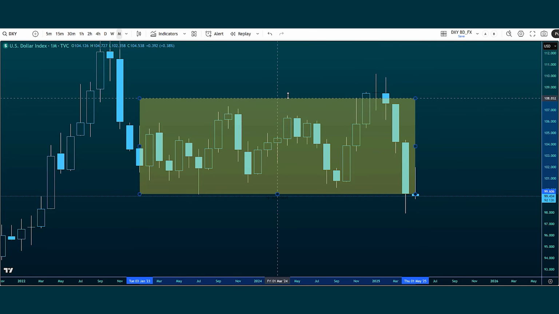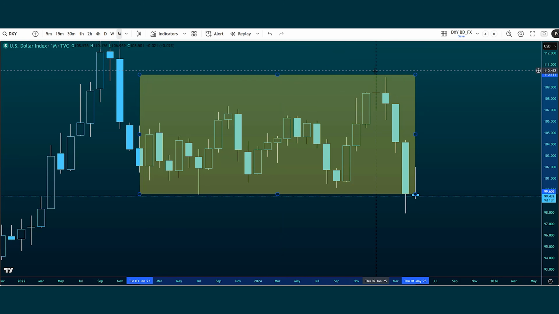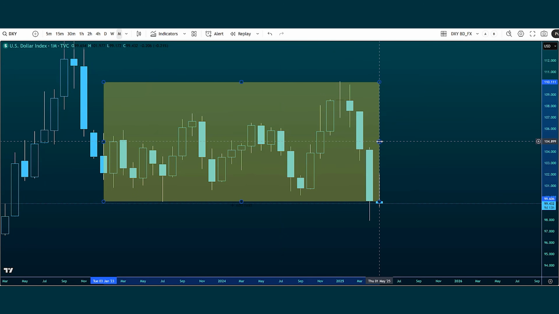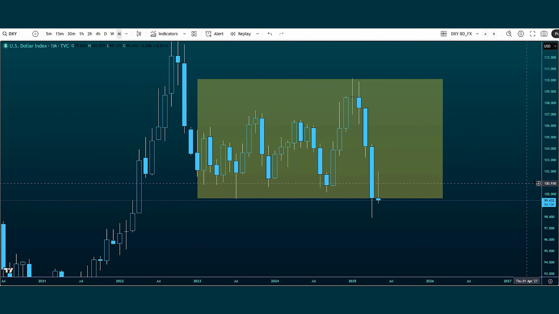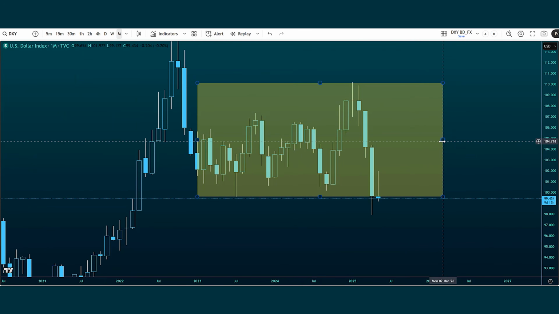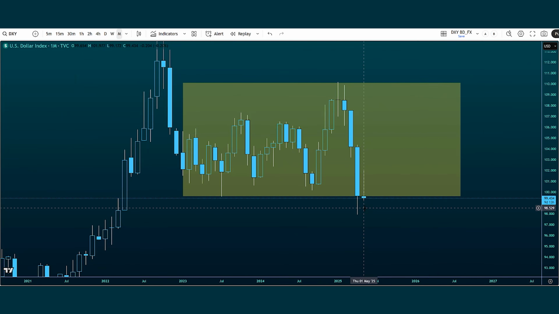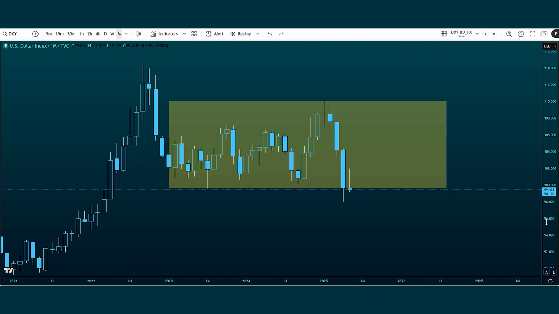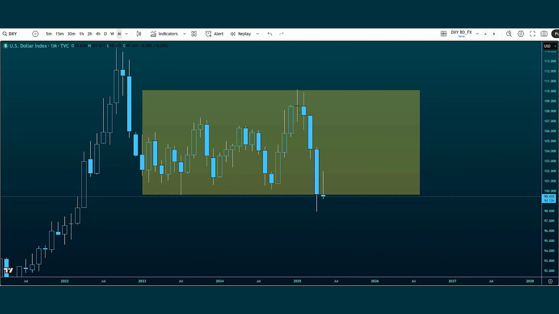So we now adjust this to the new high and expand into the future, expand this and extend into the future. What's happened now? We're taking out the low. So the same thing can happen again. We've come down, we're taking out the low of this range. Now we can expect price eventually to take out 97.91. And once that happens, we could be going back up.